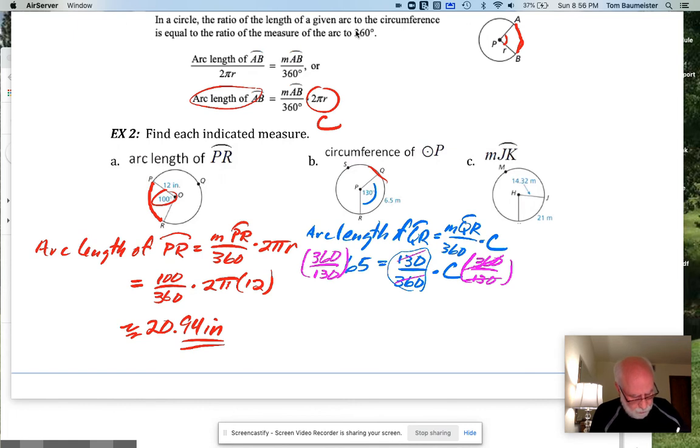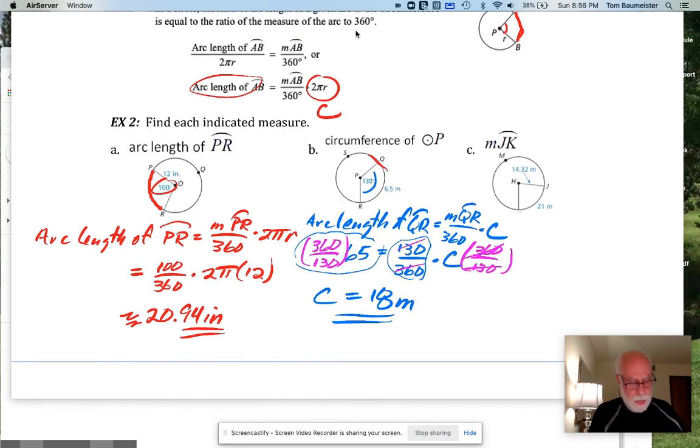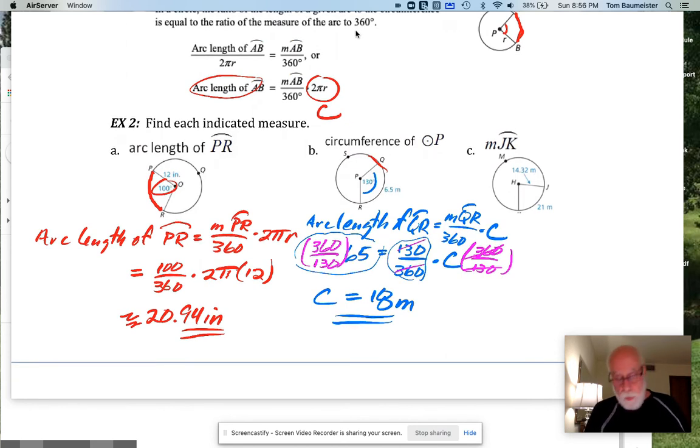So we'll have C is equal to, and again, if I multiply all of this together, and I put it equal, I didn't put approximately, because when you plug it into the equation exactly as it is, it does end up being exactly 18 meters.